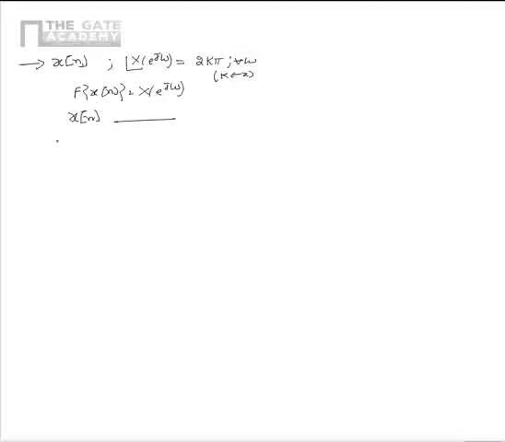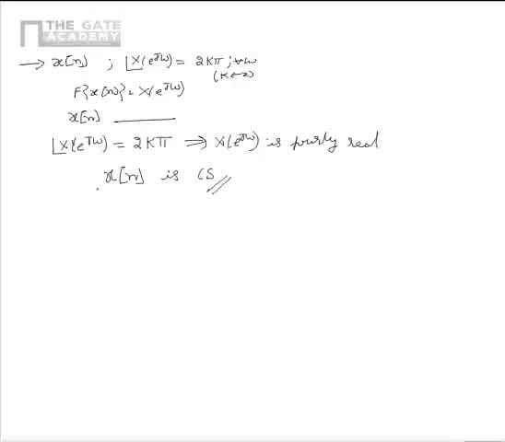From the given relation, we see that the Fourier transform of x of n is equal to x of e power j omega, and the phase of x of e power j omega is equal to 2k pi. So it means that x of e power j omega is purely real. From this, we can say that if x of e power j omega is purely real, then x of n is conjugate symmetric.